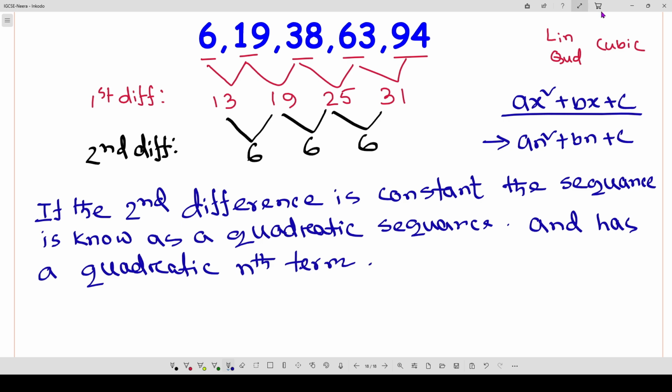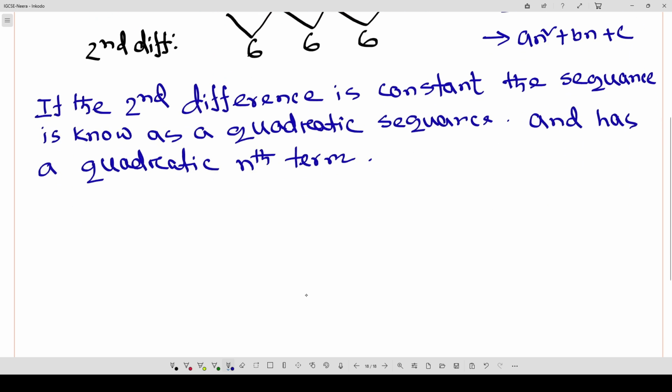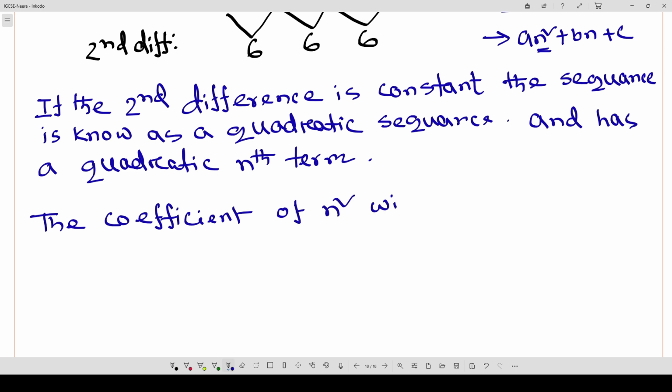Okay, so look, the coefficient of n squared, it means this one, the coefficient of n squared will be the half of the second difference.